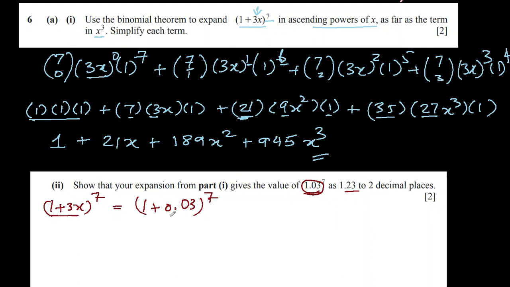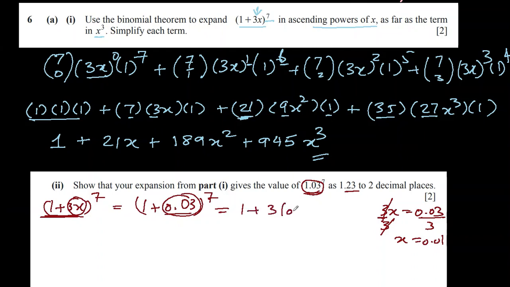So now if I compare this and this, how can I get 3x as 0.03? Let me write here. 3x is 0.03. Divided by 3, divided by 3. So x, this and this cancel. x equal to 0.01. So basically this can be written as 1 plus 3 times 0.01 to the power 7.